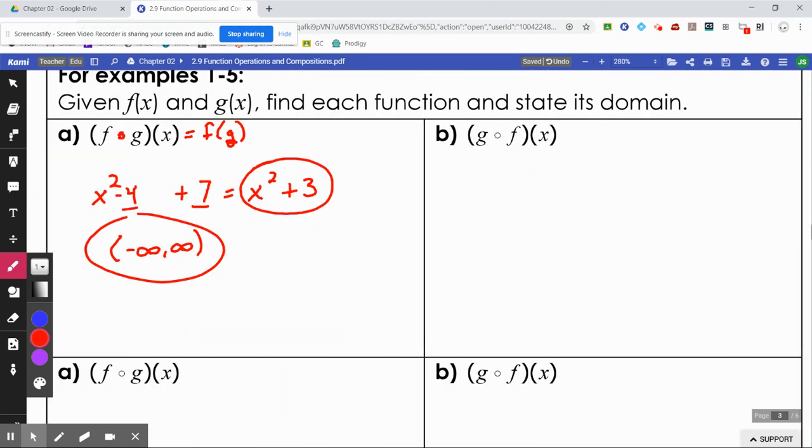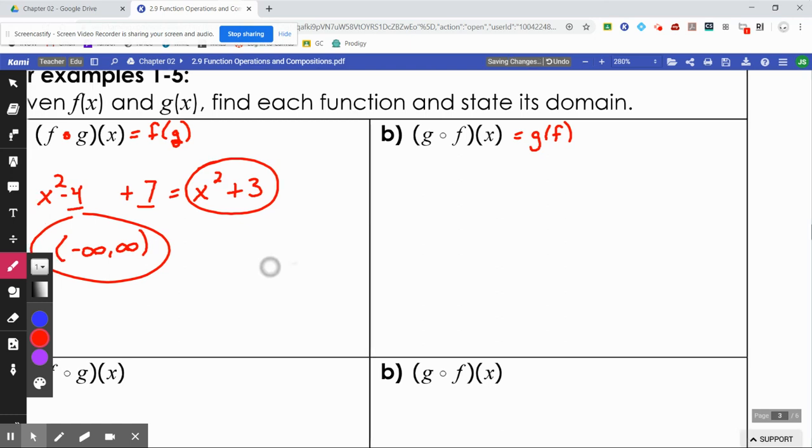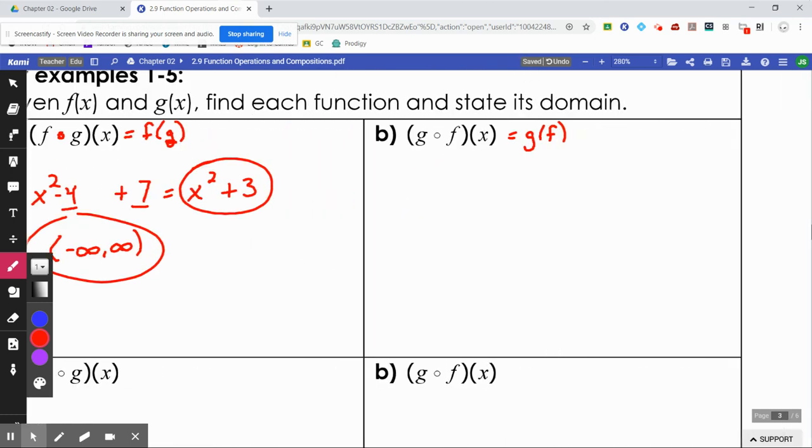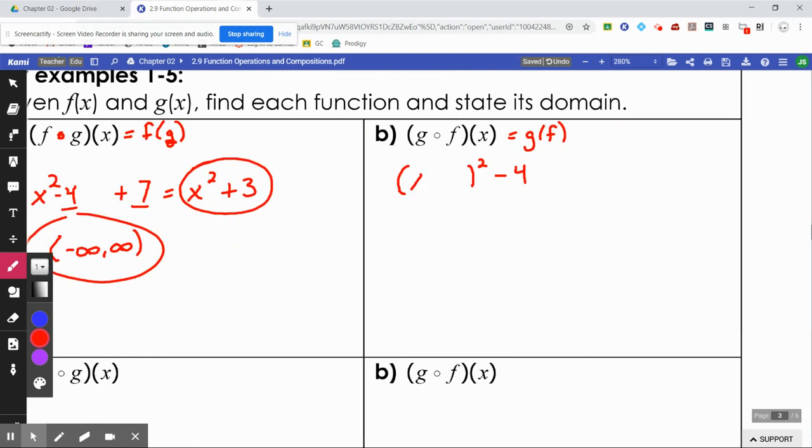g of f now, let's do it backwards. We're finding g of f, so we're going to take our g function and plug f into it. So our g function was x squared minus 4. I'm going to take out the x, and in its place, I'm going to plug in f, which was x plus 7.